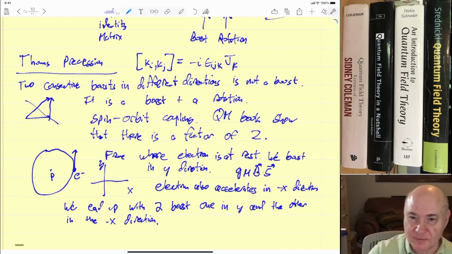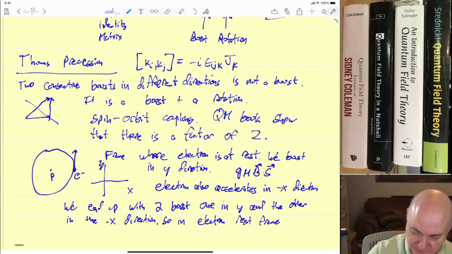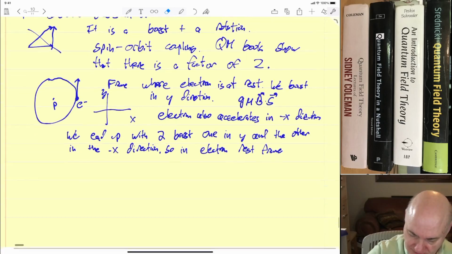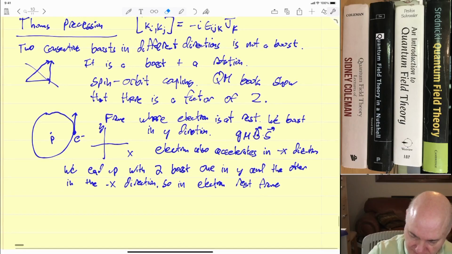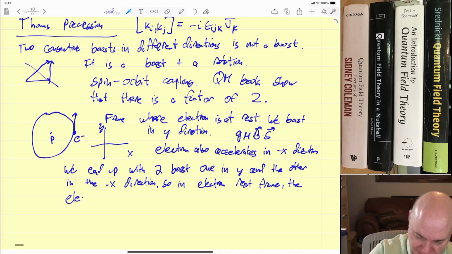As I explained earlier, when we have two boosts in different directions, this leads to a rotation. So in the electron rest frame, and Jackson does this in more precise detail, the electron is rotating. Well, the frame is rotating.